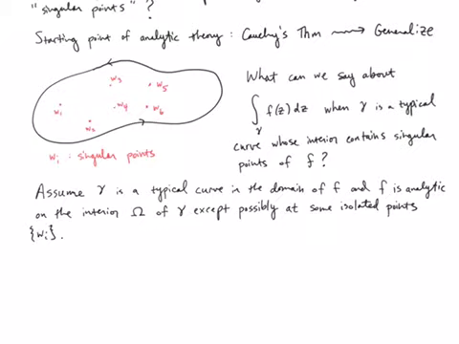Isolated means there is an r sub i greater than 0 such that the disk around w_i of that radius doesn't contain any w_j except w_i.